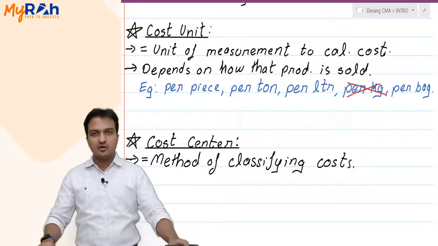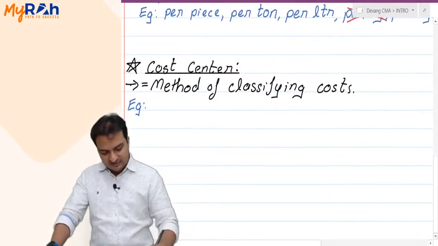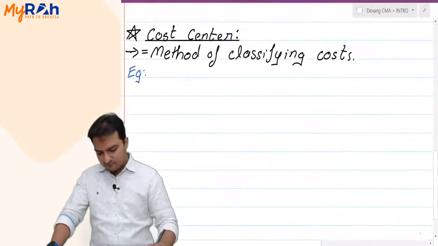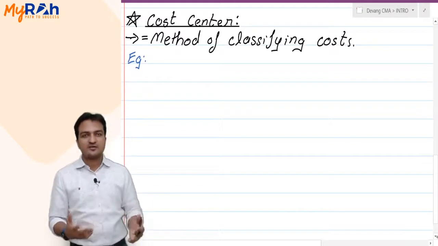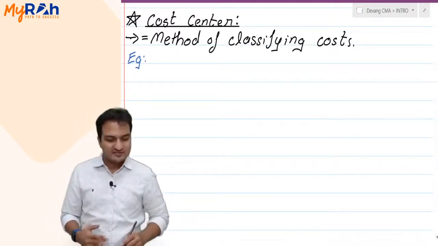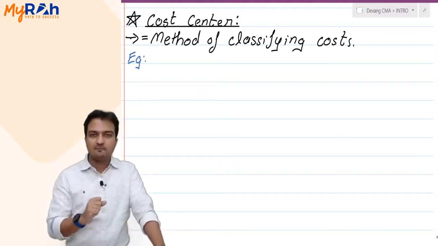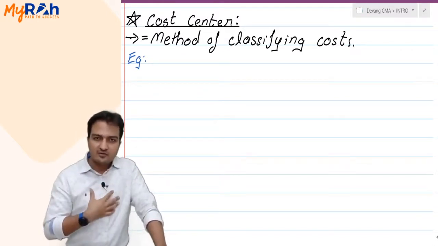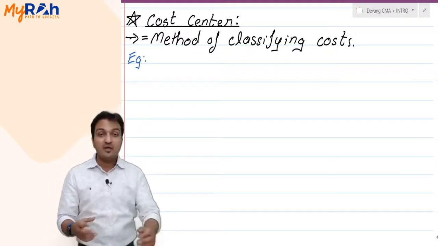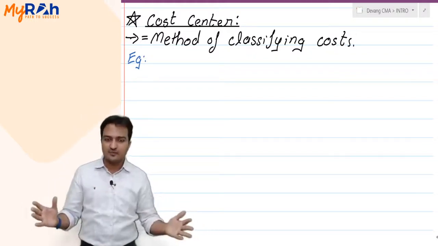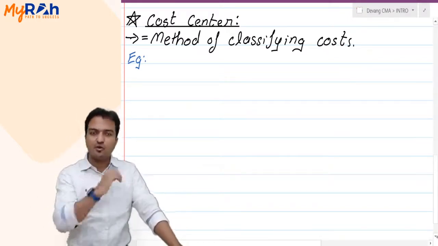Also, what we need to learn is something called cost center. Cost center that I have written here is what? Well, cost center means how I classify the cost, the method of classifying my cost. For example, if I am calculating the cost of my product, then in any manufacturing industry, there might be hundreds of different items of cost that we incur.